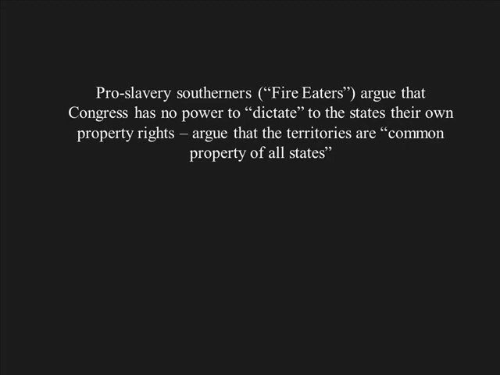So the Southerners use a lot of different labels: fire eaters, and some start calling them conservative groups and whatnot. And they become known as fire eaters because they argue very powerfully and very emotionally to continue slavery.